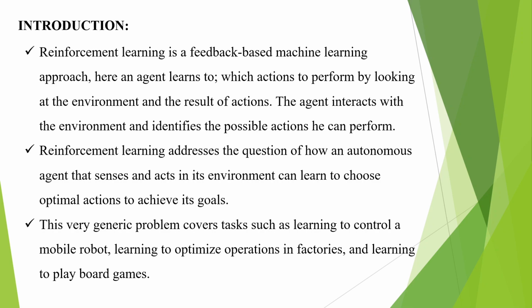Changing the path by observing the wall is a kind of intelligent action performed by the agent. Hope you understood. So the agent will look at the environment, and based on the environmental condition, it performs a suitable action.